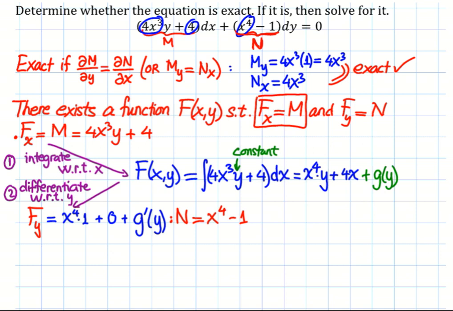What we see here is x to the fourth on both sides can cancel out, and we just have g prime equal to -1. If we integrate, we have g of y, a function of y, will be just -y. Can also plus a constant. I just say we have a constant.